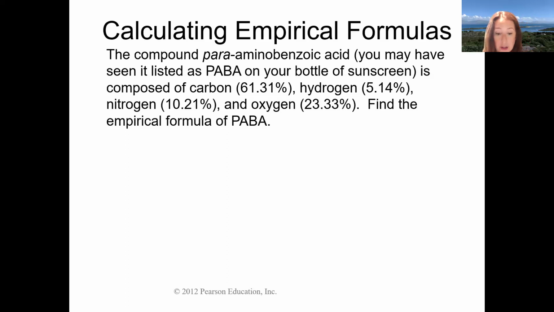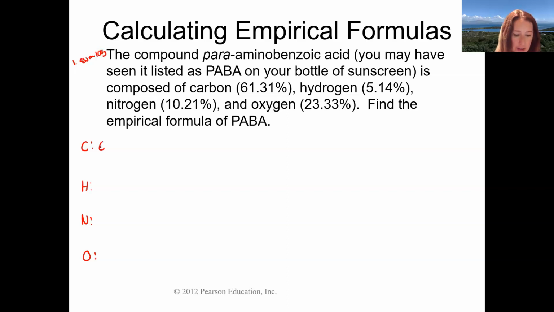Okay, so when you do this, they're giving us percent. So we, number one, assume 100 grams. And so how I do this, so we have C, I treat it like a little conveyor belt because whatever you do to one, you do to them all anyway. So I just do them all at once and then I move on and do them all at once. So step one, assume 100 grams.